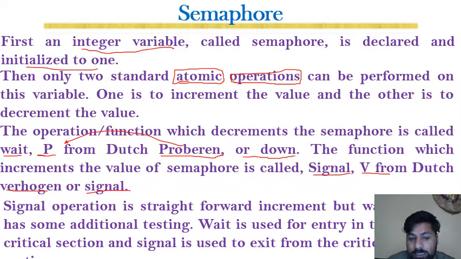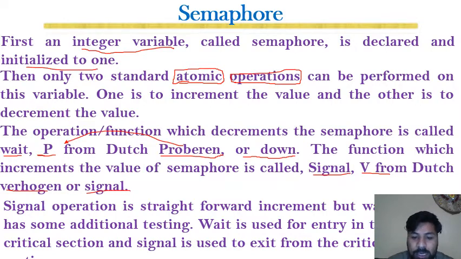Wait is used for entry into the critical section and signal is used to exit from the critical section. So the signal function is nothing but a straightforward increment operation. For example, for integer c, c++ is a function that increments the value. A single-statement function is the signal operation.